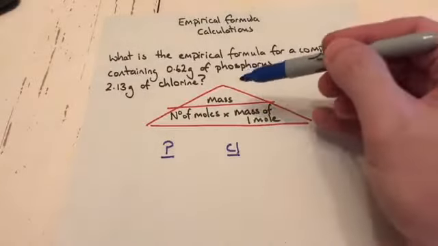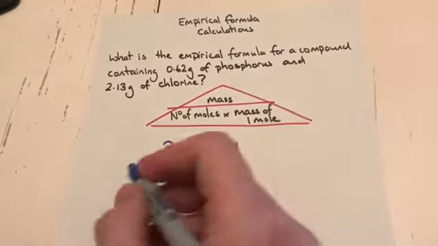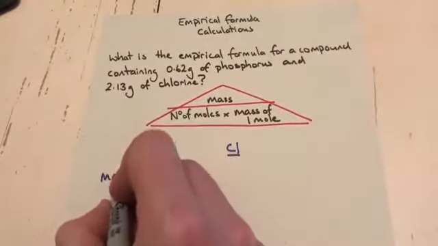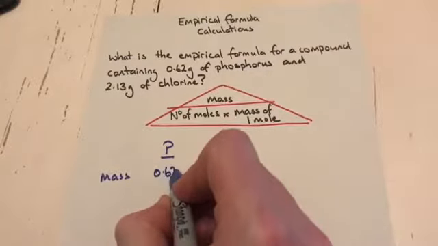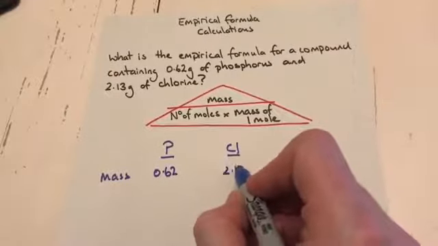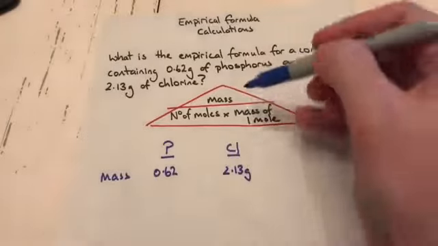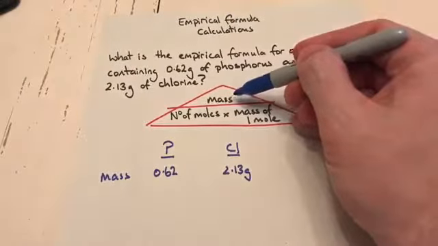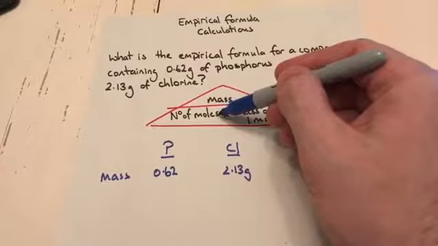So using the triangle, we're going to write down the mass first. So the mass from the question, so over here, let's write down that we're recording the mass. And it says there is 0.62 grams of phosphorus and 2.13 grams of chlorine. Now the next step, if we've got the mass, is we want to write down the mass of 1 mole, and then that will allow us to find the number of moles.